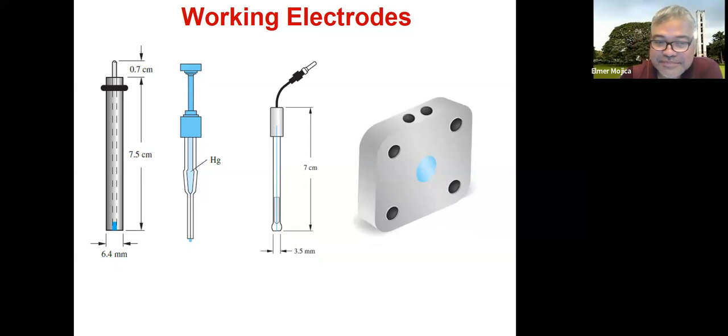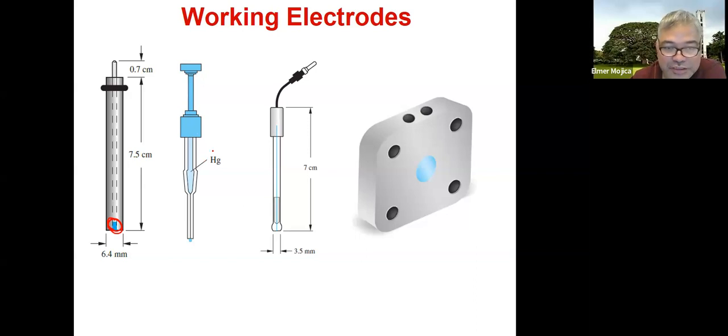Anyone? Usually, where here? That small area. There you just place the material you're interested in. If it's going to bind with the target analyte, like the lead in the example I gave you, you incorporate the modifier there. So this is what we call a modified electrode.